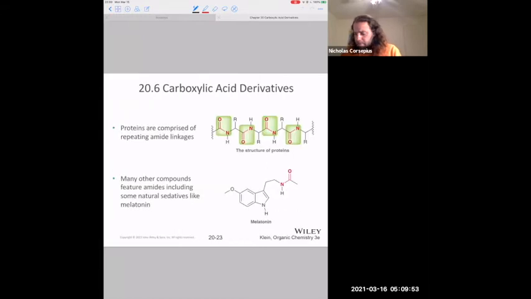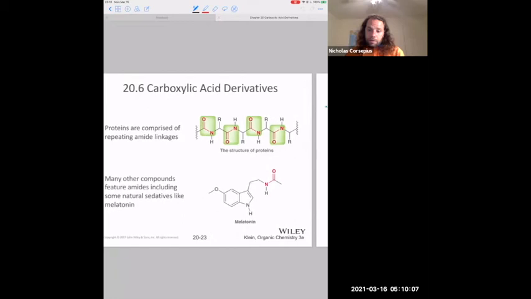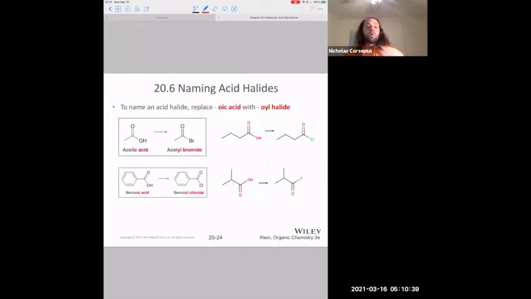And then amides are one of the building blocks of nature, in that they're the key bond that you're going to find in proteins and in enzymes, okay? Anyway, all these things are found all over. They're really what nature uses. So what we're going to do is, these are carboxylic acid derivatives. So you can sort of think of, I start with my carboxylic acid name, but instead of ending with oic acid, I'm going to end with oyl halide.